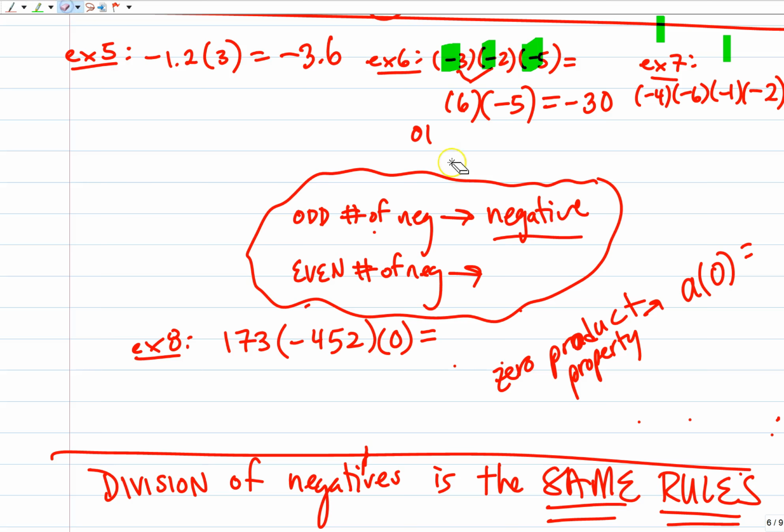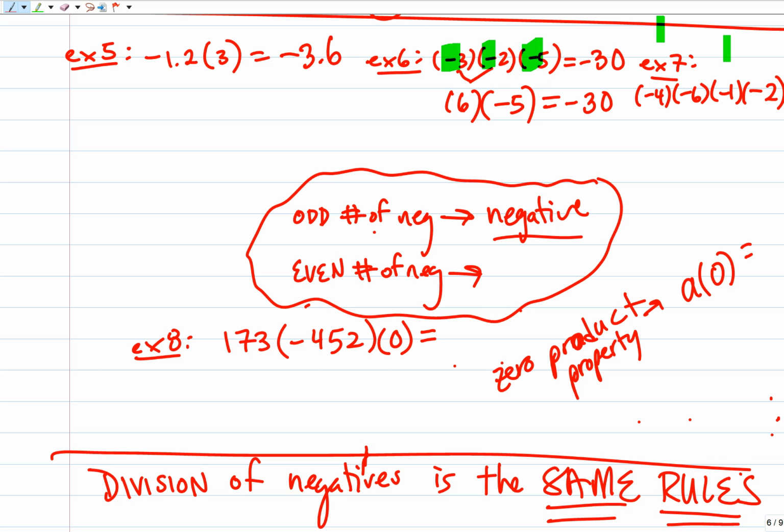Why? Because every pair of 2 of them multiply to make it positive, and then that one that's left over makes the whole thing turn negative. Does that sort of make sense? I would have just done 3 times 2 is 6, 6 times 5 is 30. There were 3 negatives, so my answer is negative.